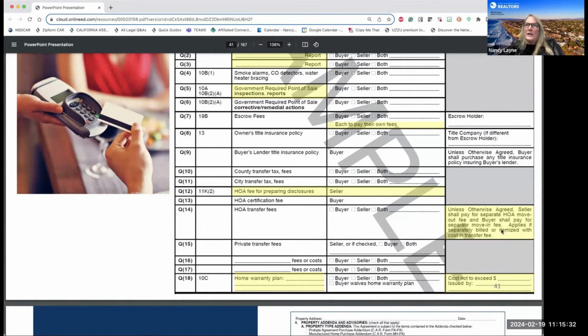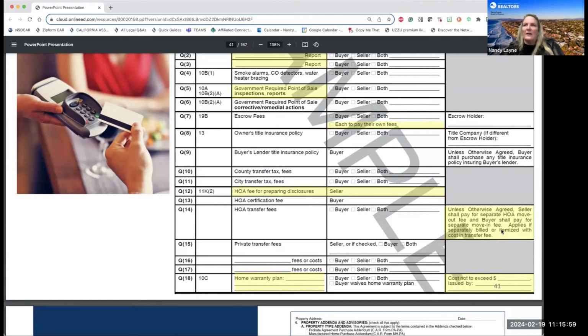So when you have an HOA agreement that requires, for example, there are some in Santa Fe Hills that require an association. I forget what they call it. There's a fee that pays for, like, fireworks and stuff like that. So sometimes there's an additional fee that's charged.